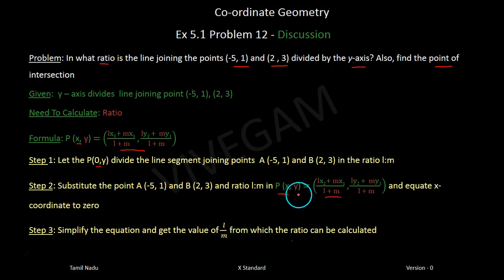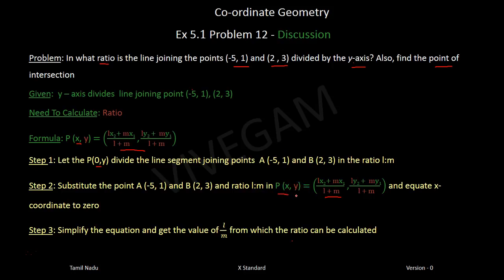I missed step 4 here, which I'll add a little later. Please write step 4. Substitute the values of L and M and calculate the y-coordinate using (Ly2 + My1) by (L + M), and the coordinates of P become 0 and the calculated y-coordinate.